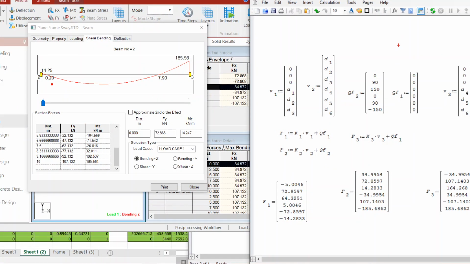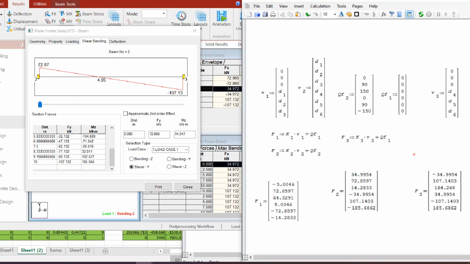This is bending, so this is code 4, code 5, code 6, so 6.14, then negative 185. How about the shear?